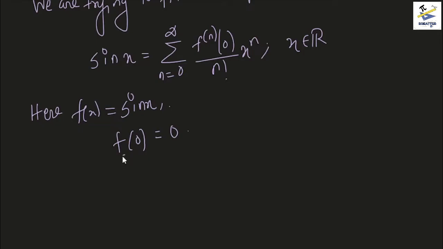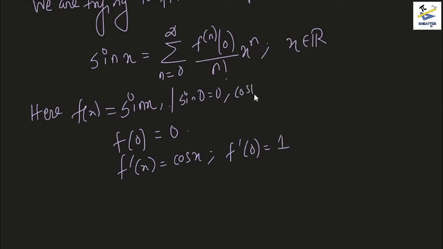Now f dashed x would be cos x, and f dashed 0 would be 1. So this is a general thing that sine of 0 is 0 and cos of 0 is 1. Okay, we are just using that fact. Now the derivative of cos x again would be minus sine x, and this would give us f double dash 0 equals 0.